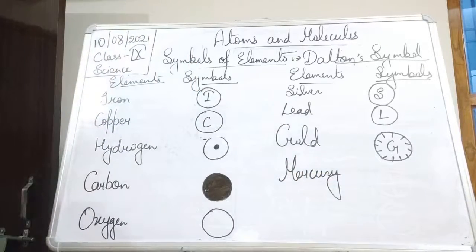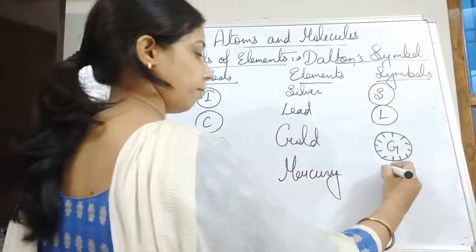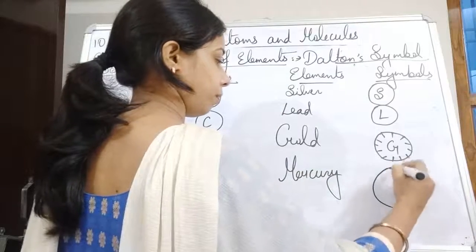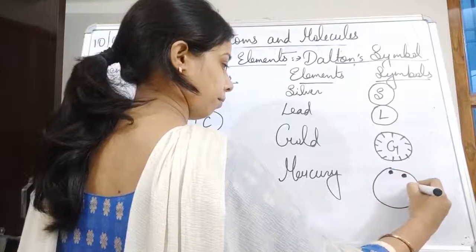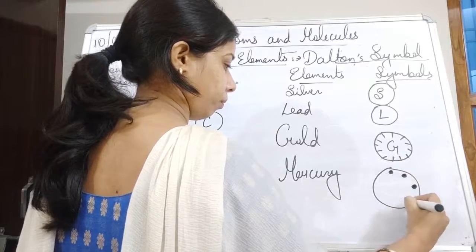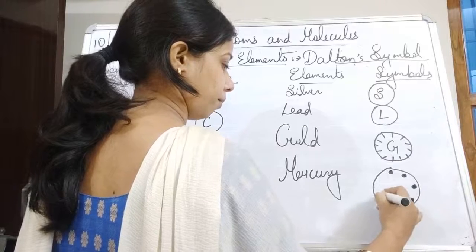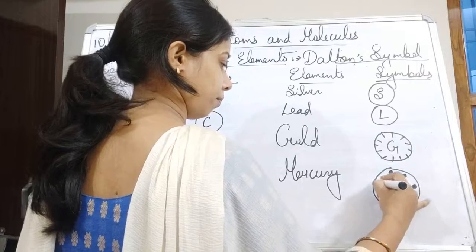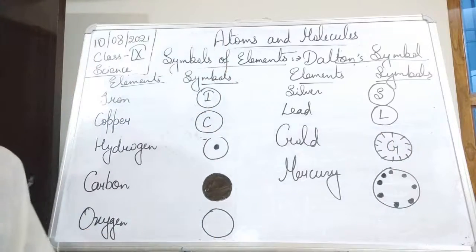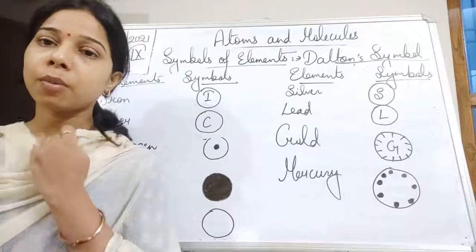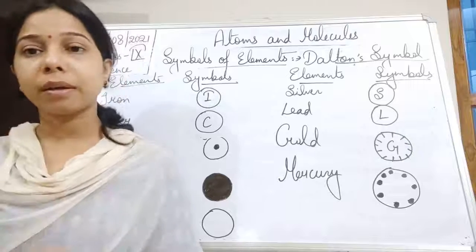Symbol of mercury is this. This is the symbol of mercury. So these are the symbols which were provided by Dalton.